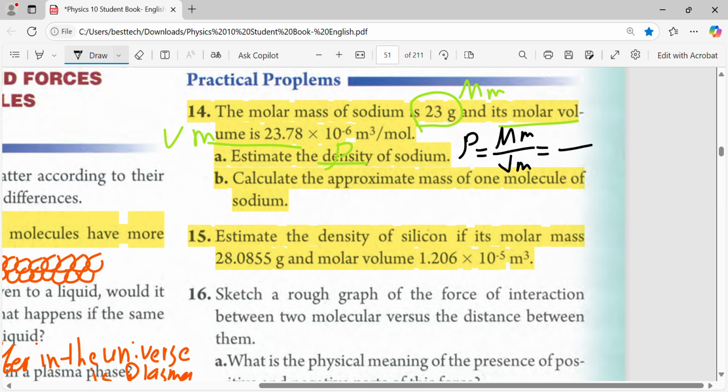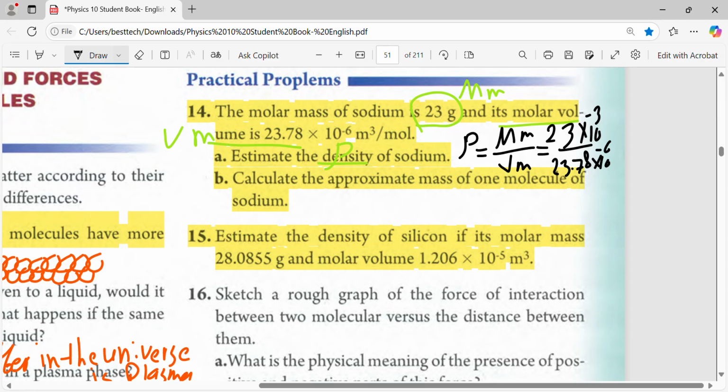Because the unit of density in SI is kilogram per meter cube, we have to convert the 23 gram to kilogram by times 10 power negative 3, and the molar volume is 23.78 times 10 power negative 6.